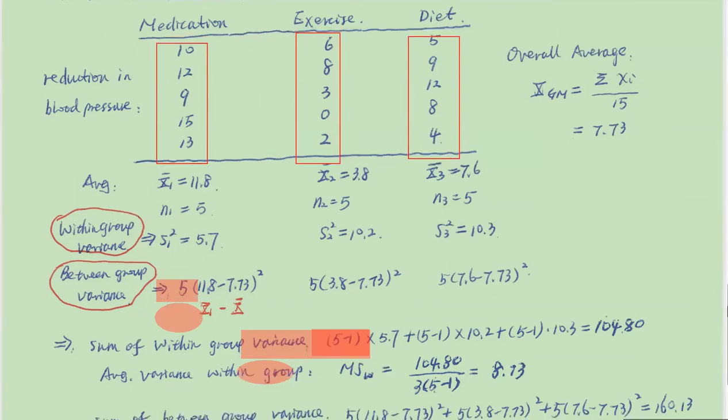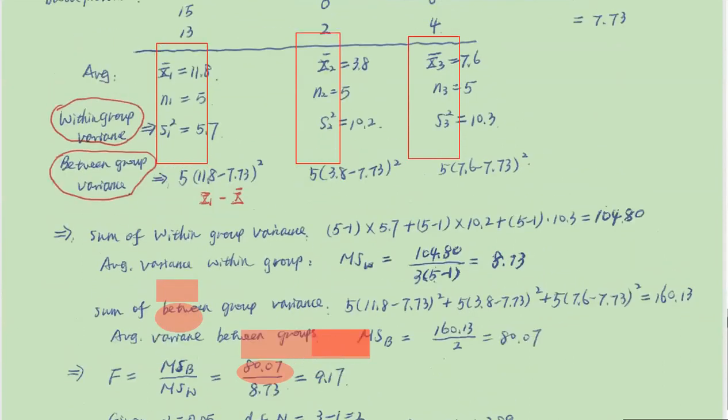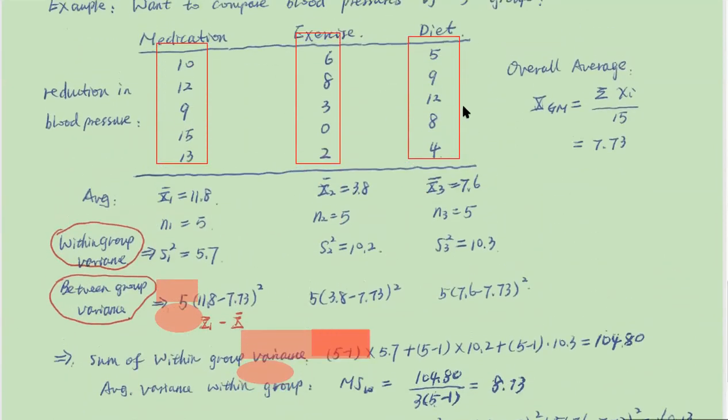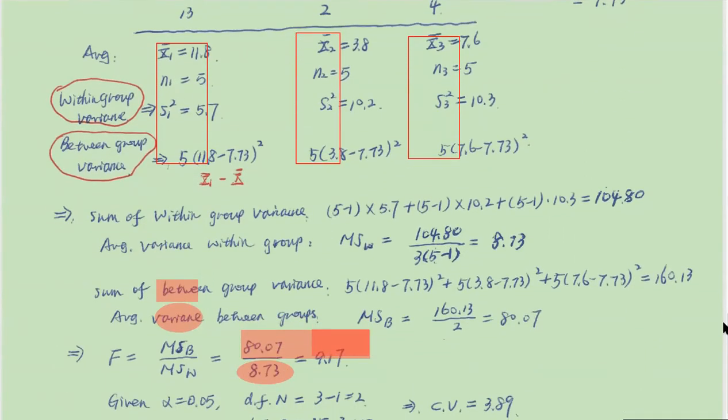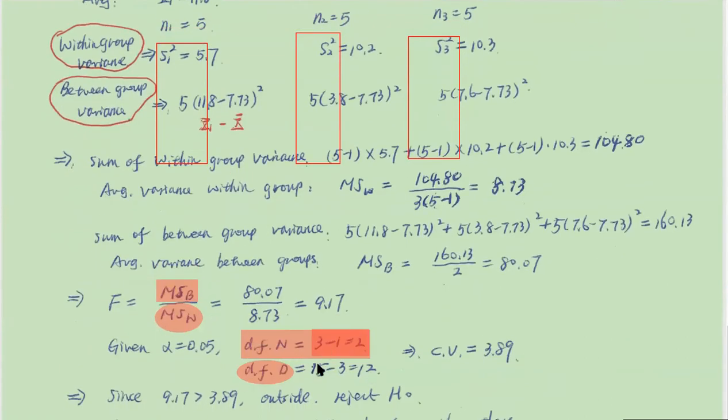Another way: how many total samples do we have? We have 15 people altogether. That's a total of 15 data points minus how many groups? 3 groups. So you also got 12.